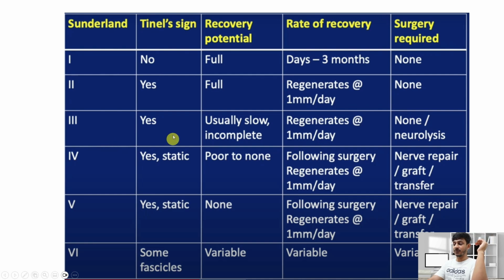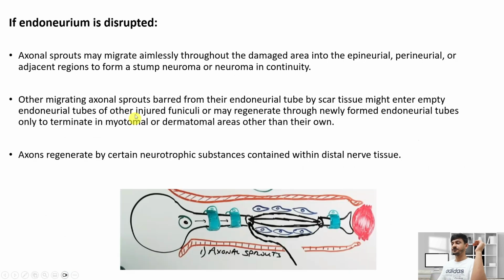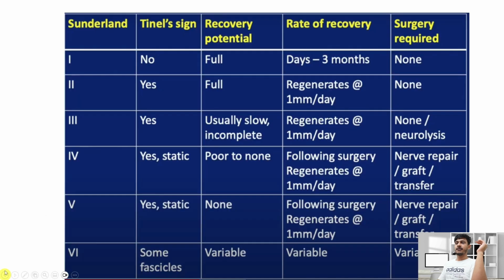Whereas in grades 4 and 5, a lot of fibrous tissue is formed, so axonal sprouts are formed in the proximal stump, but it is a static Tinel sign and they do not progress forward. This indicates poor prognosis.